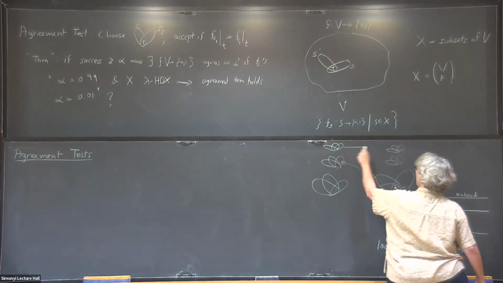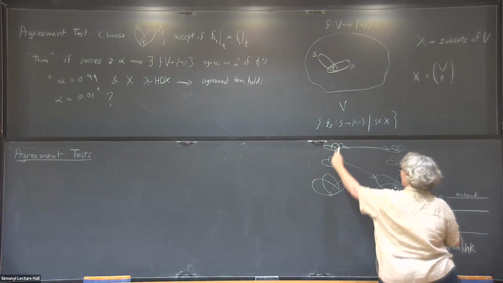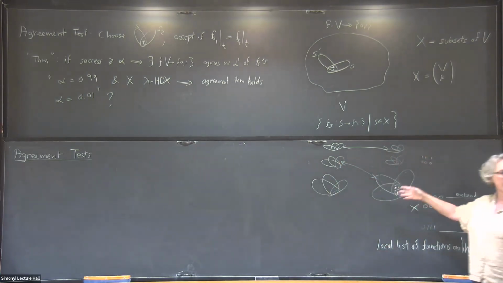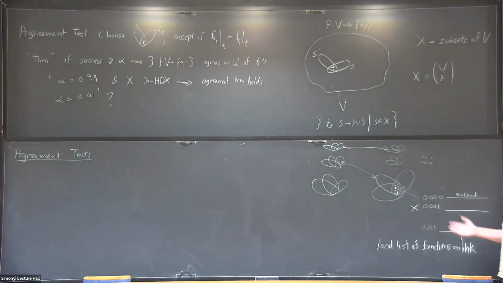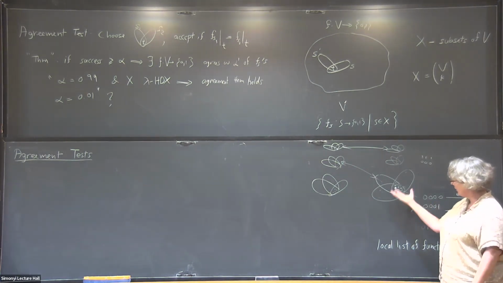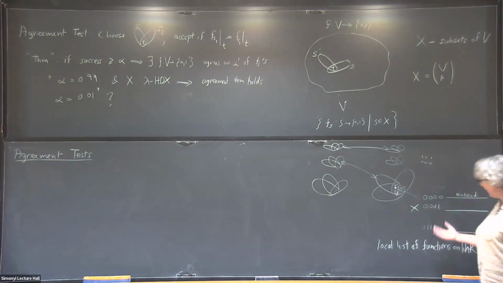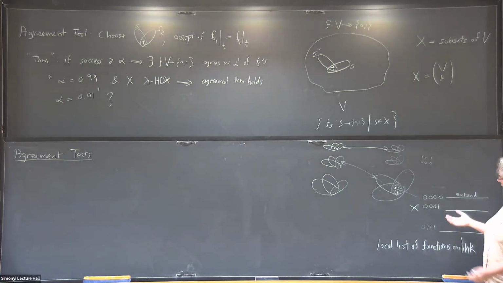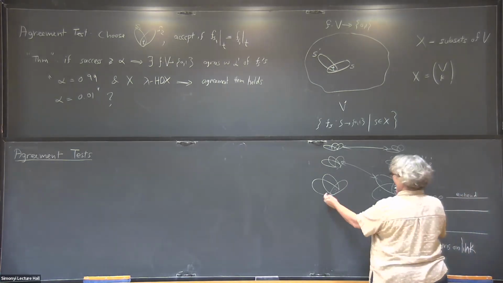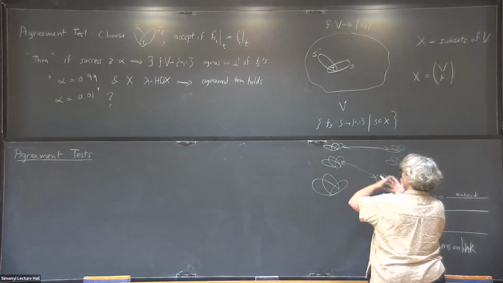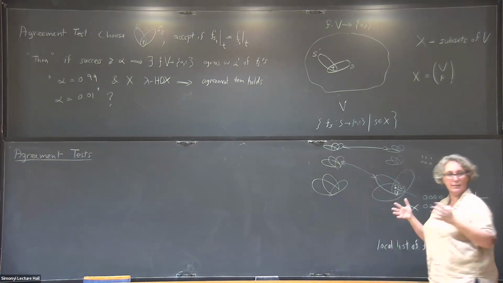So I can have a matching between the different elements on this list and the different elements on that list. Okay, so basically what I'm seeing is that I first locally decode in a link, then I get a list of functions, and then for adjacent links, I have some natural way to get a matching between these lists.